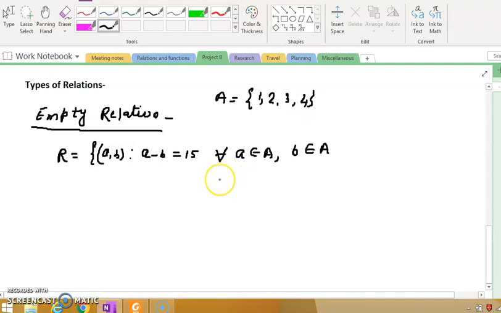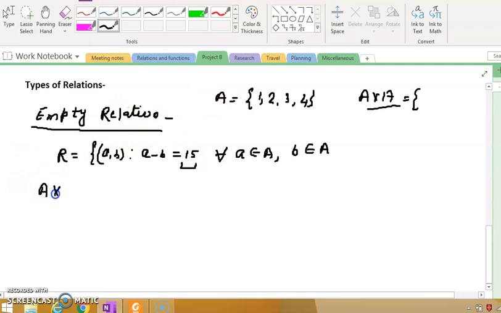So this is an example of the empty relation, because in the Cartesian product, if you're finding A cross A, none of the ordered pairs gives you a difference of 15. You can check, I'll show.